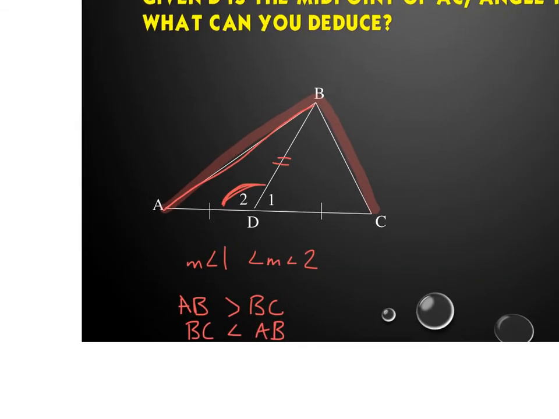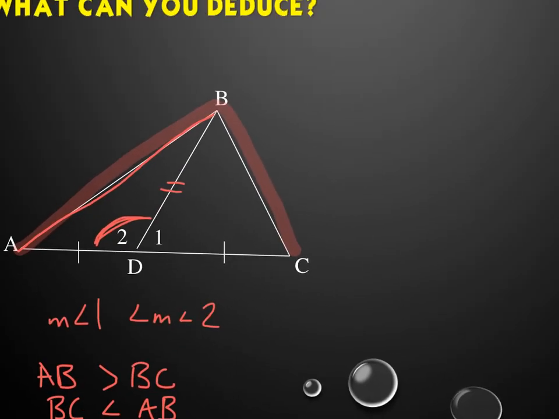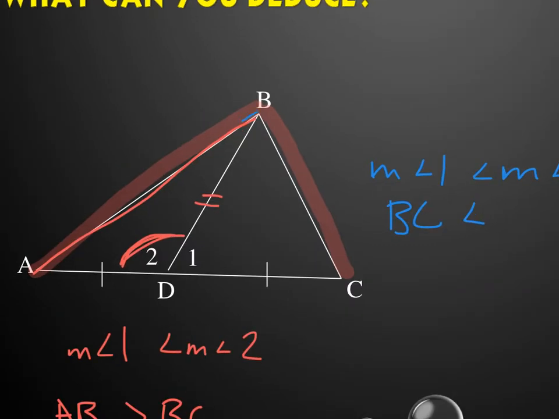If you want to keep it consistent, we know that the measure of angle 1 is less than the measure of angle 2. What is the third side of this triangle that is opposite of angle 1? BC. We're going to keep the less than sign. What's the third side of this triangle that's opposite of angle 2?